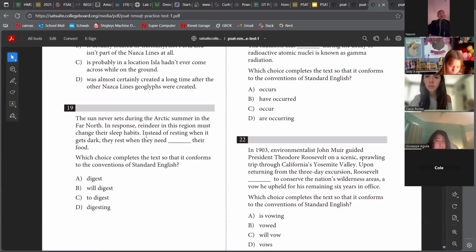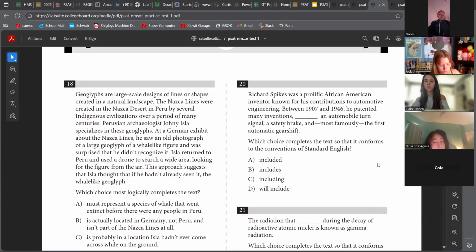Naomi, what do you think for this one? C. Yeah, perfect. So this one's pretty straightforward, but it's just that verb agreement here. I want it to be in the past tense. So yeah. Okay, 20, that one.